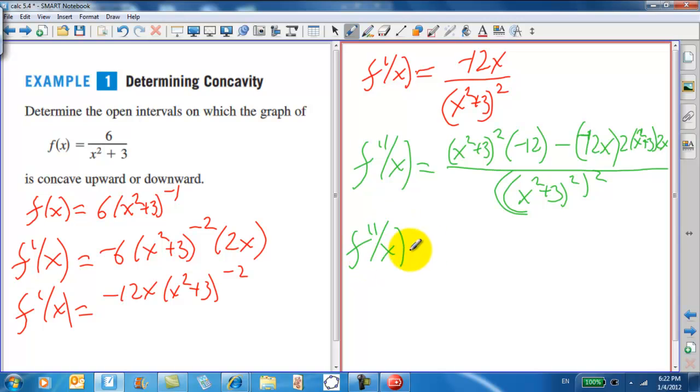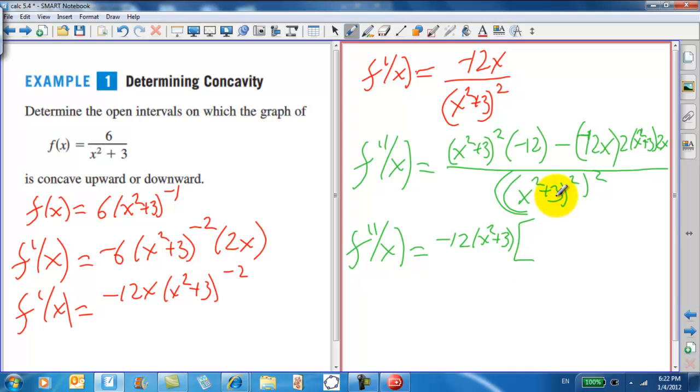So, for the second derivative, x squared plus 3 is a common factor on the top, so let's take that out, and also the 12 as well. Let's take out a negative 12 times (x squared plus 3) out of the top.